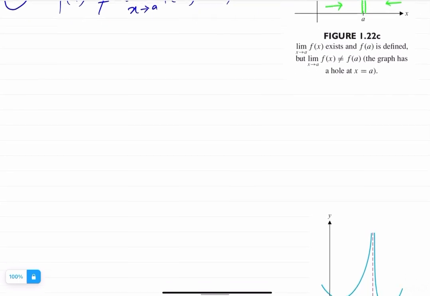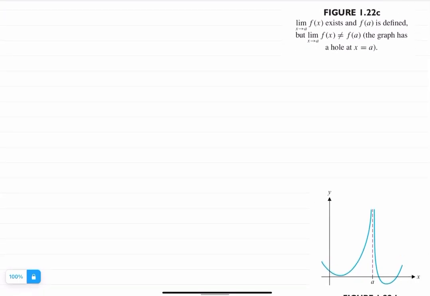Let's check one more graph. Is this function a continuous function or not? We can see from the graph that it is not continuous, but let's check it algebraically. We know that the first condition we have to check is whether f(a) is defined. Is it defined?